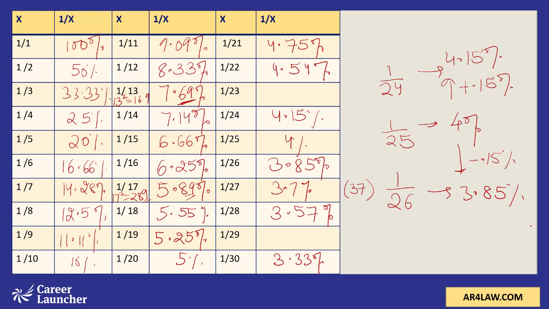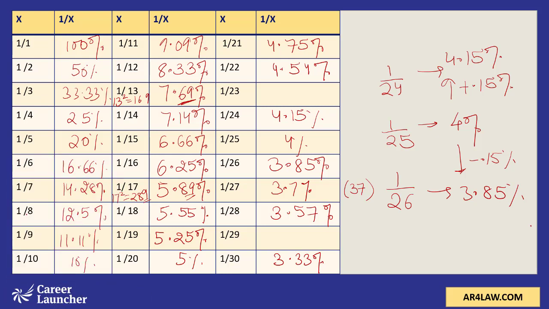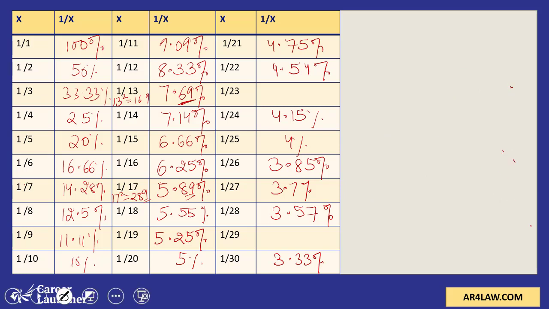Now, whom we have left in between is 23 and 29. One thing about 23 and 29 is that they are using the same digits, that is 3, 4, 5. Okay, 1 by 23 has to be 4 point something, because 22 is starting from 4, 24 is starting from 4. So 1 by 23 has to be 4 point.